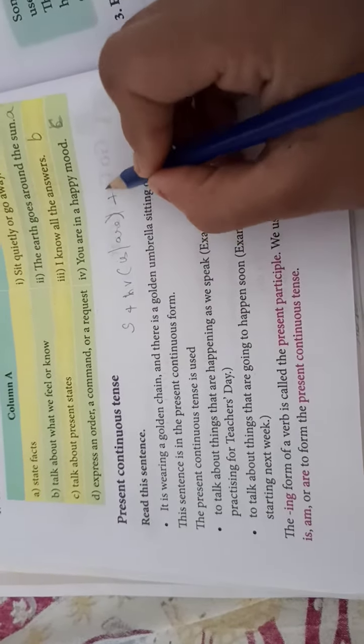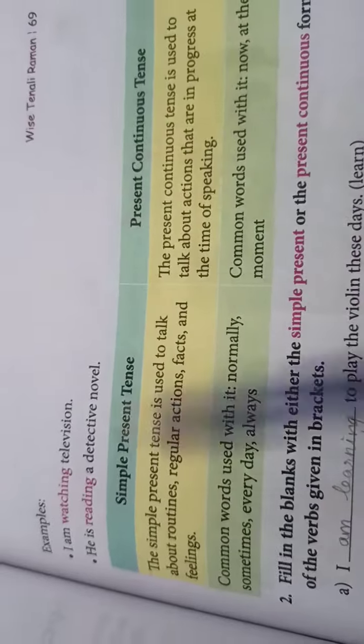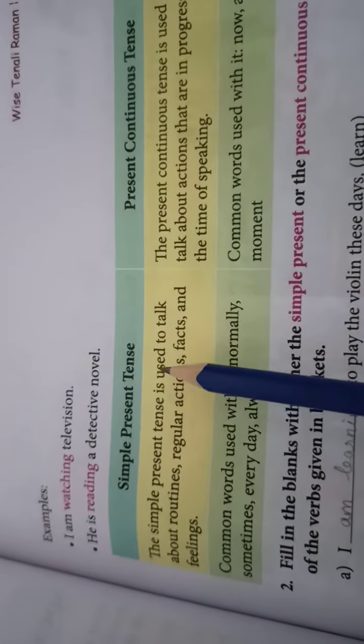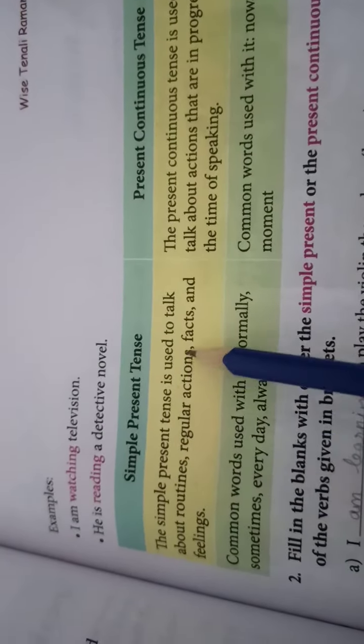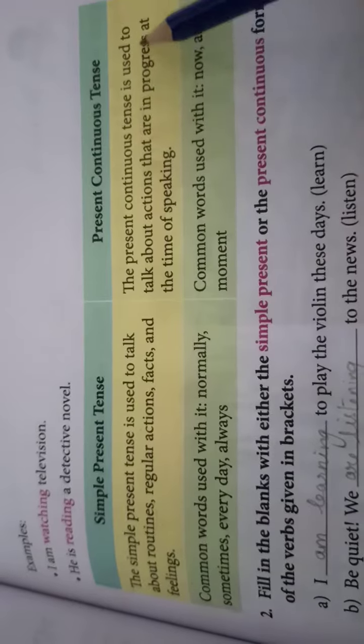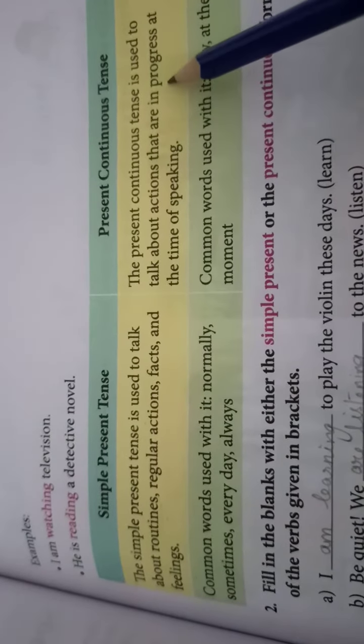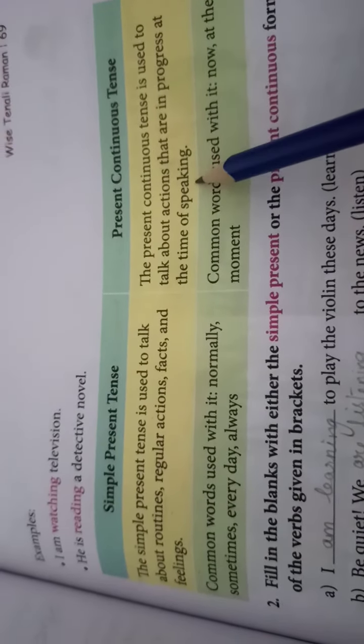Look at the table here, the difference between simple present and present continuous. The simple present tense is used to talk about routines, regular actions, facts and feelings. So routines means habits or repeated actions. The present continuous tense is used to talk about actions that are in progress at the time of speaking.